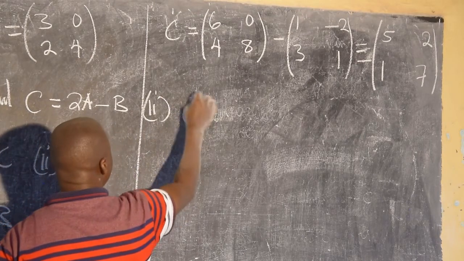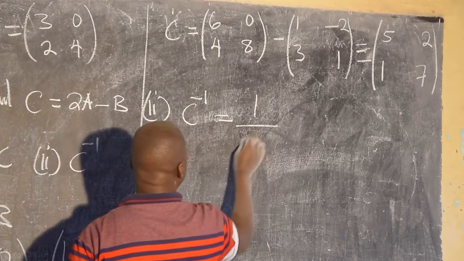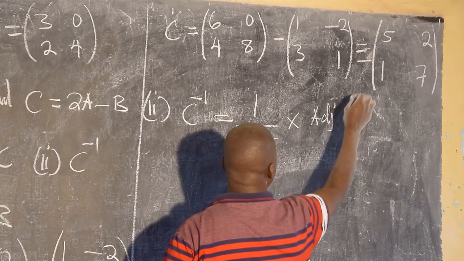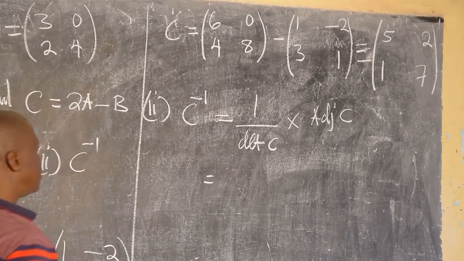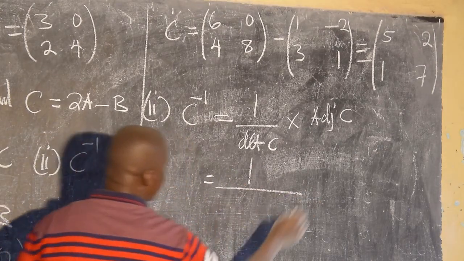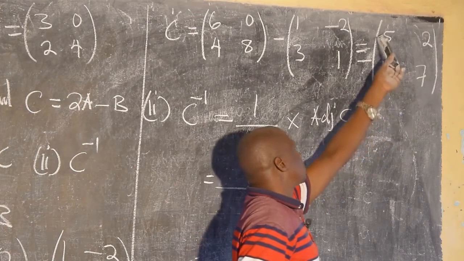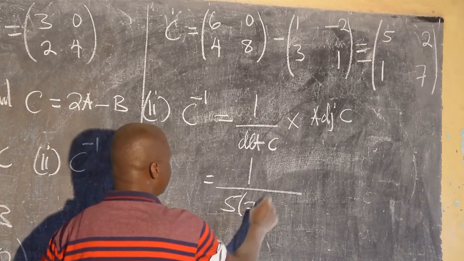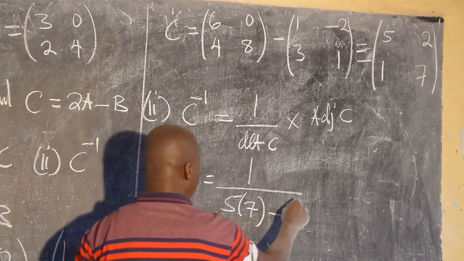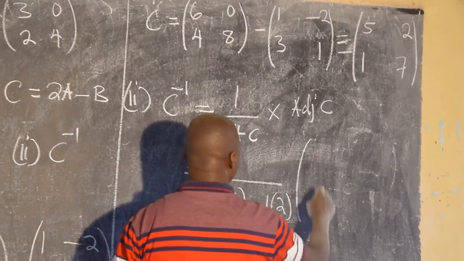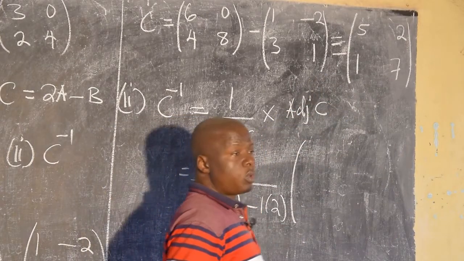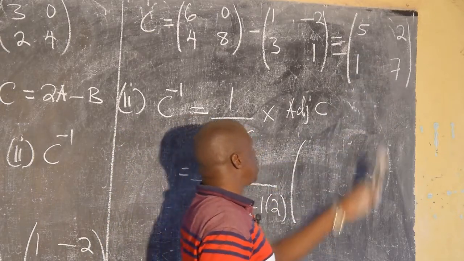Let us look at Roman number 2. They say C inverse. This is 1 out of determinant C times the adjunct C. The determinant is given by the product measure, that is 5 into 7, minus the product minor, that is 1 times 2, into the adjunct C. For this case, we interchange the elements within the major diagonal.